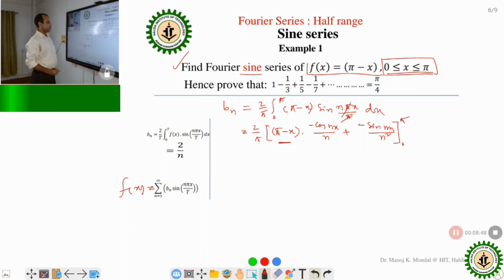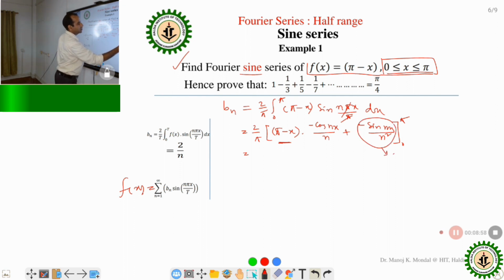This is the limit. Now if we put the upper limit and the lower limit in both cases, this portion sine nx will always give the value 0, and if we put the upper limit x equal to pi, that also will be 0, and we only have to find the value for the lower limit.